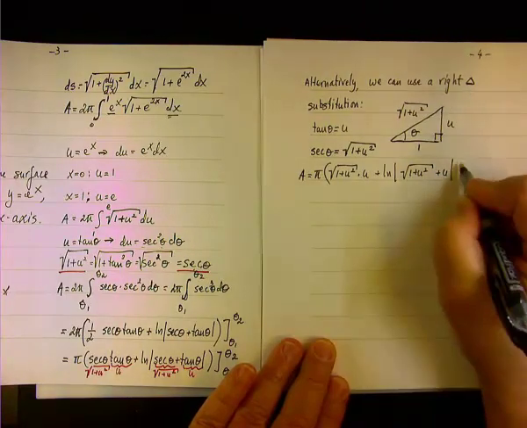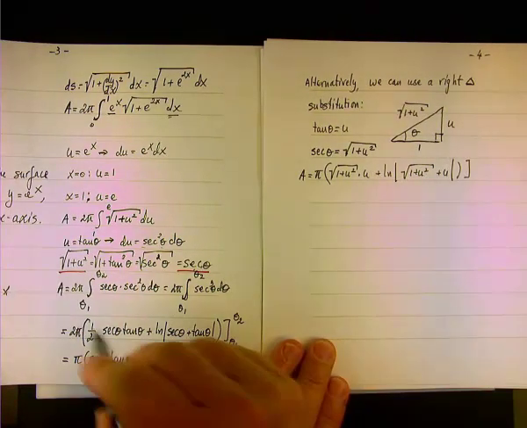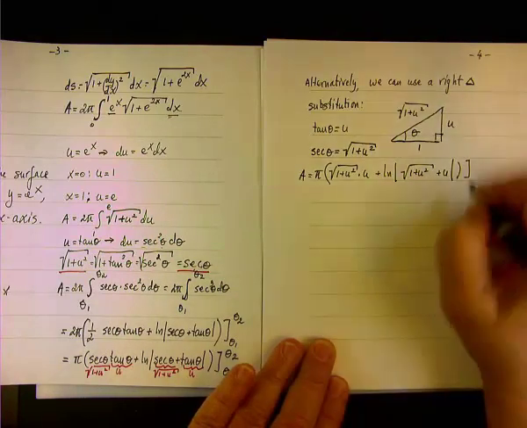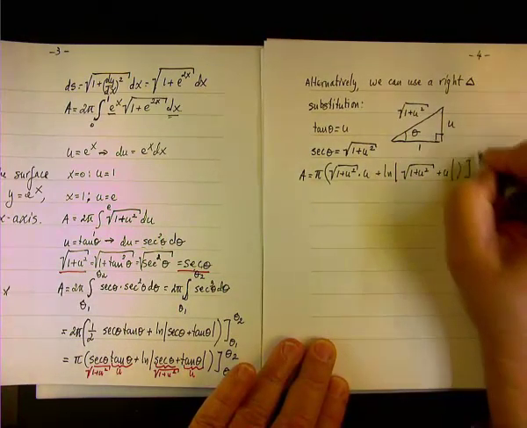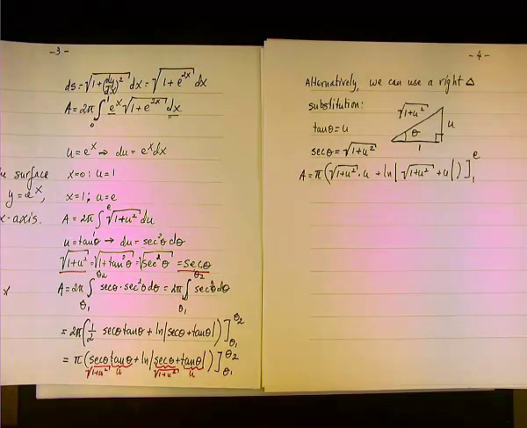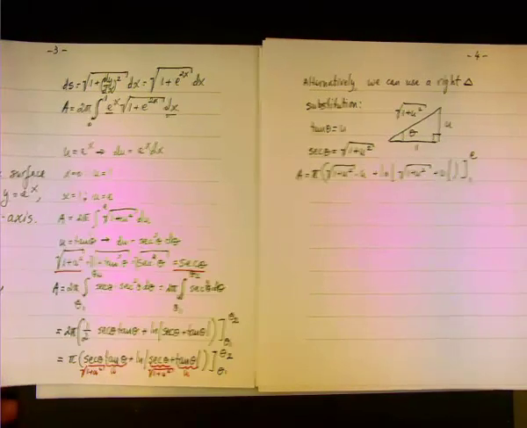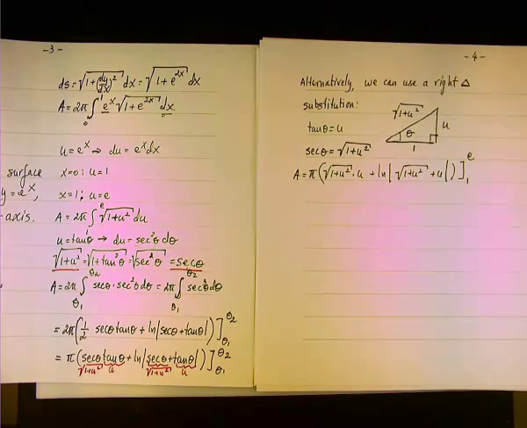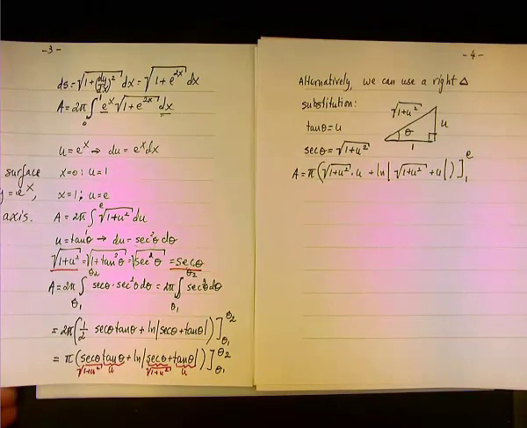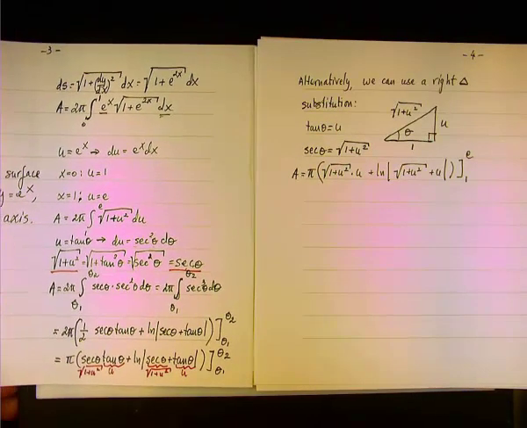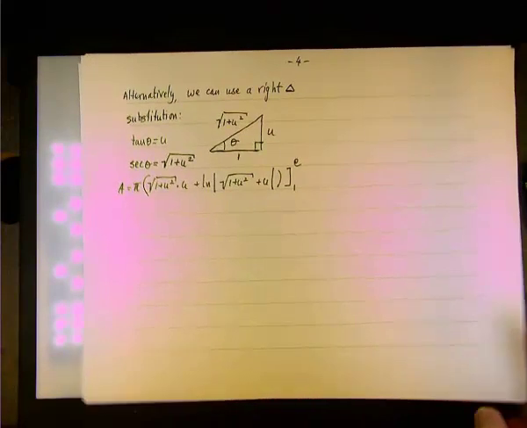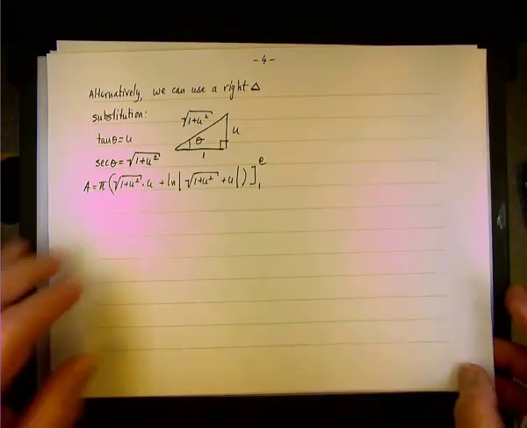And this is evaluated this time from u1 to u2, and the boundaries on u will be 1 to e. That's why I said we don't have to worry much about figuring out what is the value of theta 1 and what is the value of theta 2, because eventually we'll go back and do the u substitution. Okay, so let's bring it home.